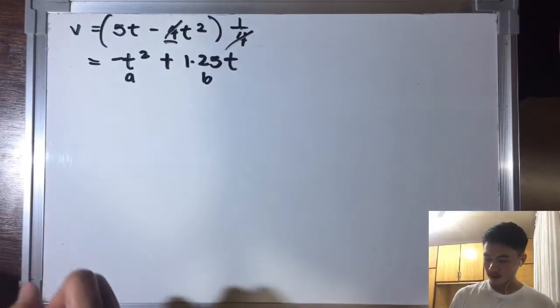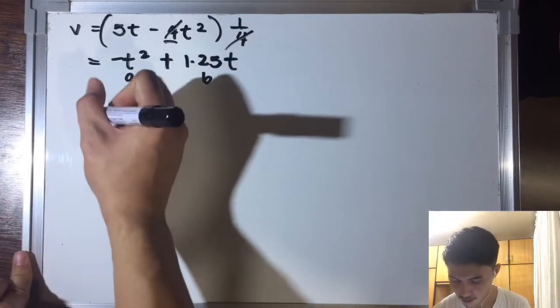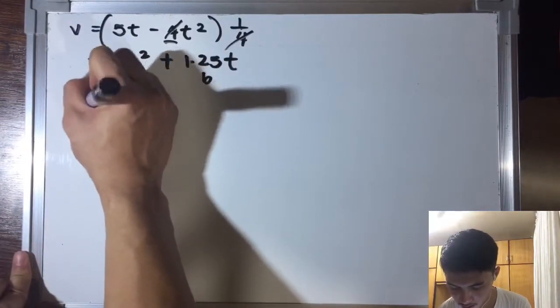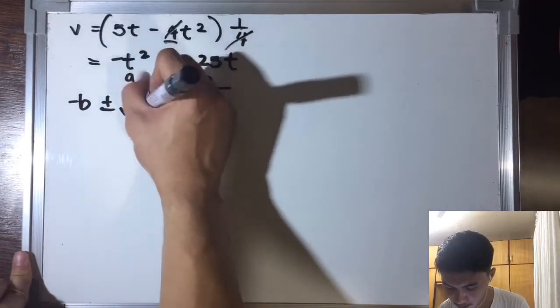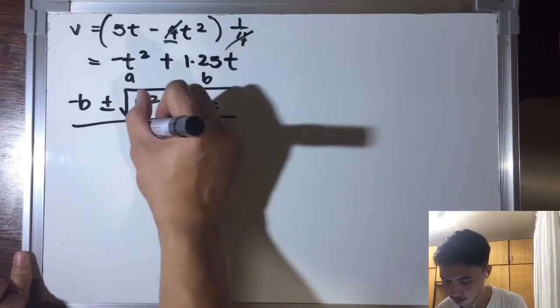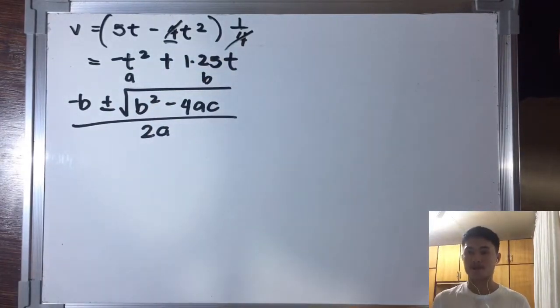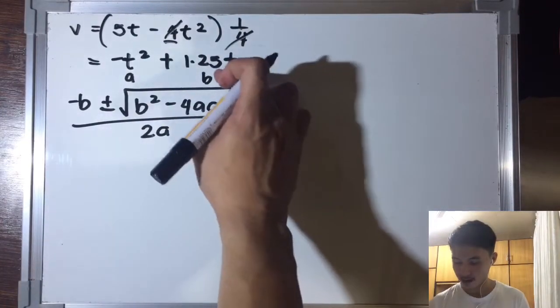So the quadratic formula is negative b plus or minus the square root of b squared minus 4ac, all over 2a. So this is our quadratic formula. We are just going to substitute these values.